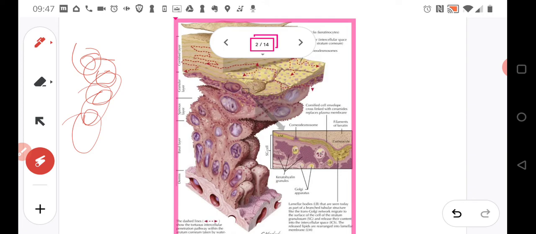The name comes from those granules. What do those granules contain? Those granules contain filaggrin. Filaggrin is a very important protein, or let's say substance, because it's quite complex. It keeps the epidermis tight, and it's important for the health of the skin generally.